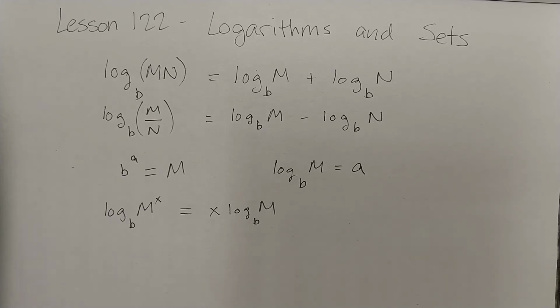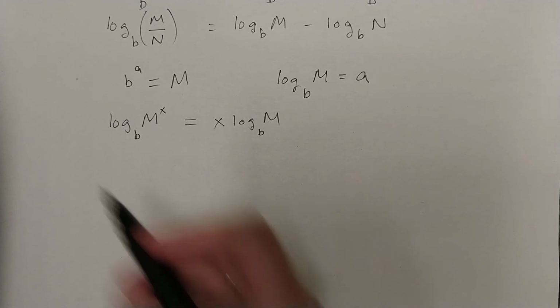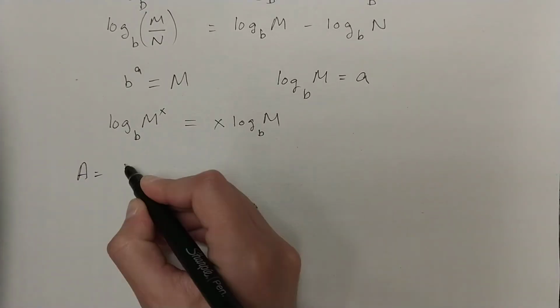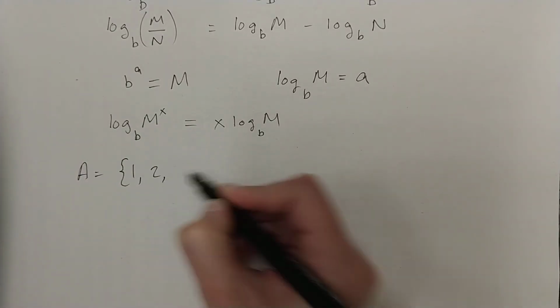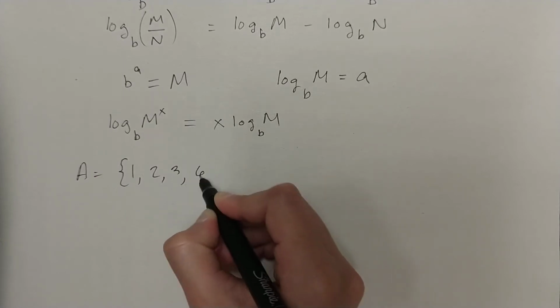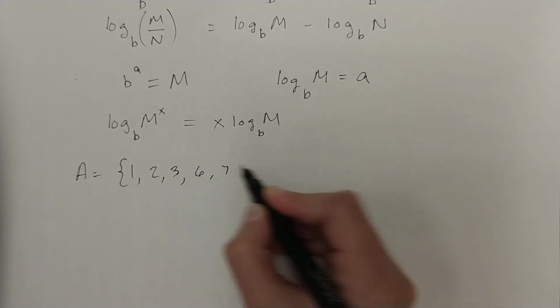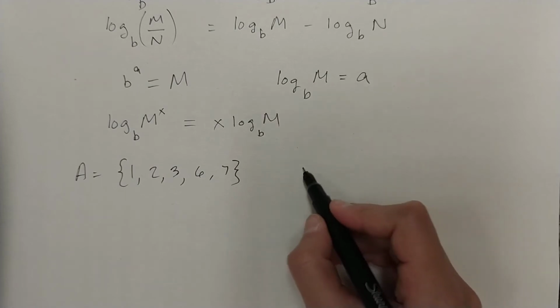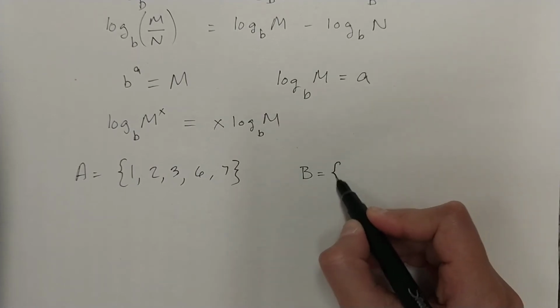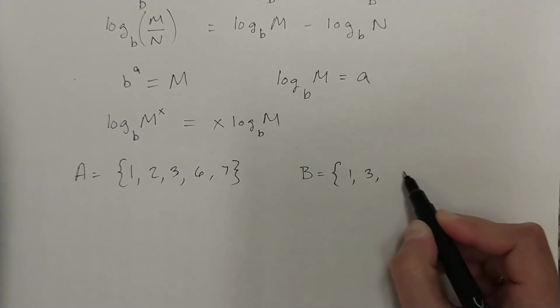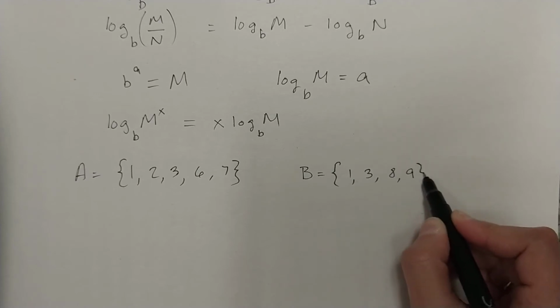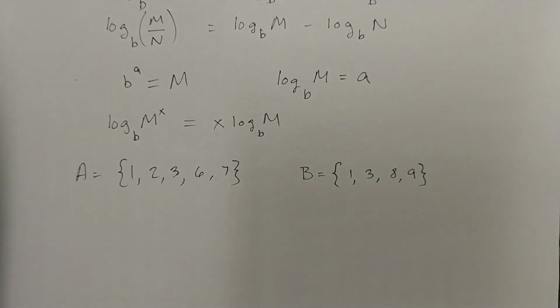All right, so we're going to write out two different sets here. We've got set A. All right, and we have set B. All right, so sets are basically just different groups of information.